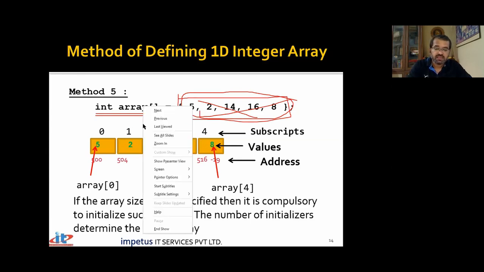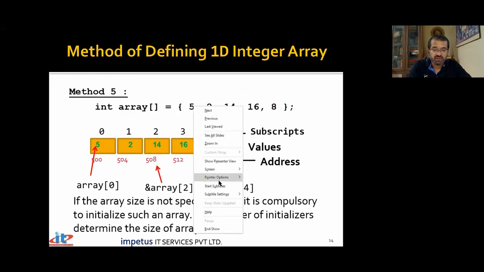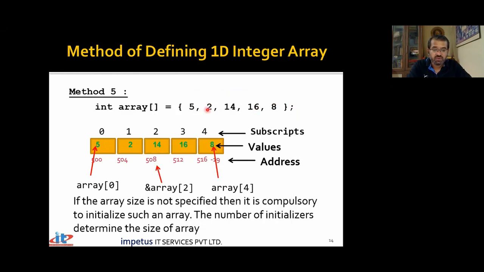In this case, the size of the array would be equal to the number of initializers. The number of initializers over here are 5. Since we have 5 initializers, 1, 2, 3, 4, and 5, the array size will also be 5. So we normally say, if the array size is not specified, the number of initializers determines the size of the array. Had I taken only 4 initializers over here, the array would have been of size 4.